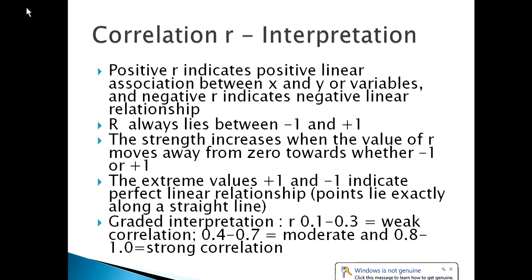The strength increases when the value of R moves away from 0 towards either -1 or +1. So if the value of R moves towards -1, meaning that the correlation is negative, otherwise it will be positive. The extreme values of 1 and -1 indicate that there is a perfect linear correlation between the examined variables.